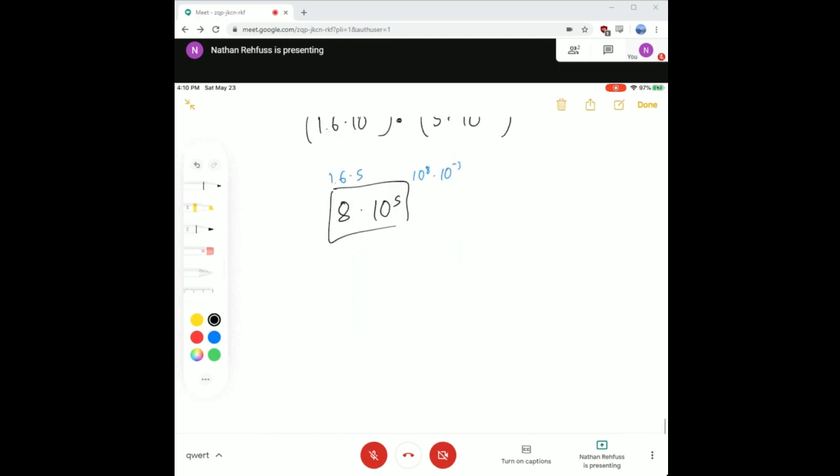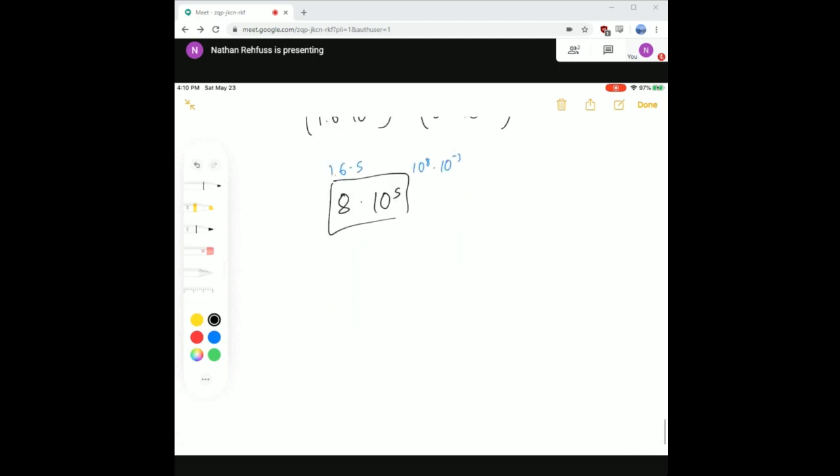Works with division as well. If I said I want to know what is 8 times 10 to the 5th divided by 4 times 10 squared, well, I can say 8 divided by 4 is 2, and 10 to the 5th divided by 10 squared, quotient property tells me that's 10 to the 5 minus 2.